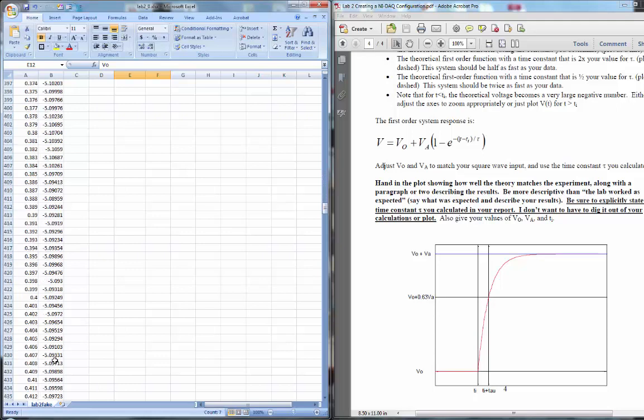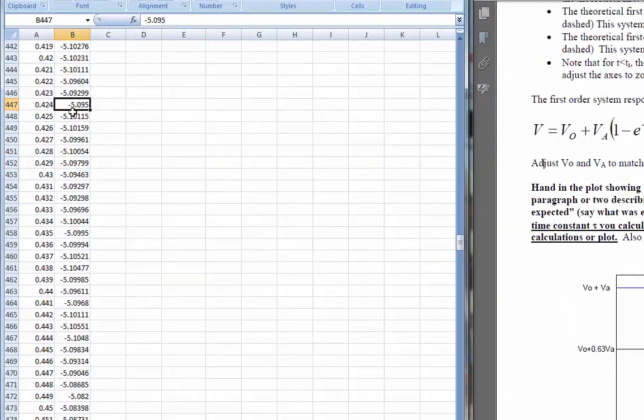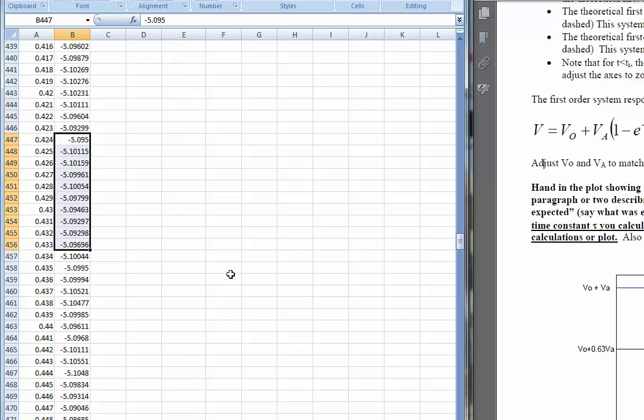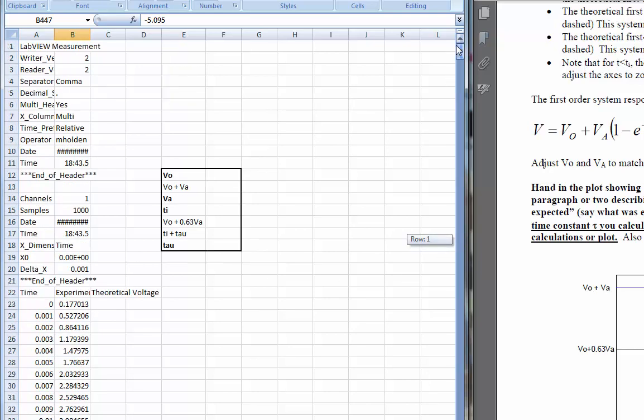Somewhere in here I'm thinking I've got a lot of these numbers that are about the same. So right in here we've got these minus 5.1 sort of volts. That's going to be the low number that I'm going to use. So I'm just going to call it negative 5.1. You could average a few of these, might be a better approach, but anywhere in there is going to look just fine. I'm going to type that in here, minus 5.1 for V0.